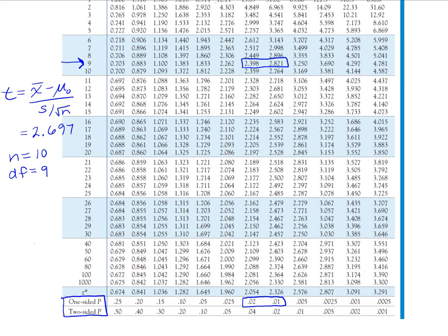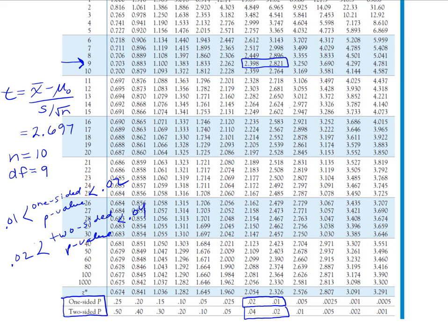So for a one-sided test, the p-value would be between 0.01 or 1% and 0.02. If it's a two-sided test, we would then see that it would be between 0.02 and 0.04. So two-sided p-value in this case would be between 0.02 and 0.04.